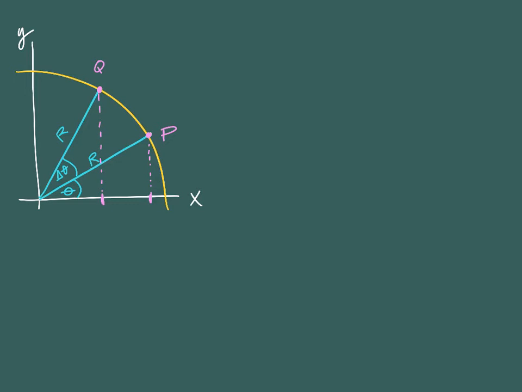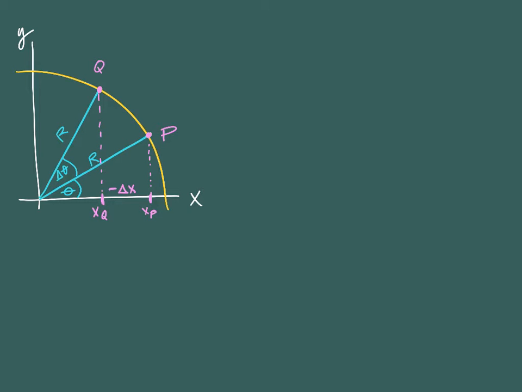I have an x for P, and I have an x for the point Q. And this distance here is actually a negative change in x. Why is it negative? Well, I went from x sub P to x sub Q. I went backwards. I went in the negative direction on the x-axis. This is a negative change in x.